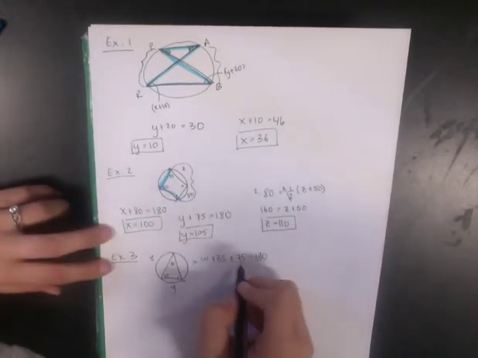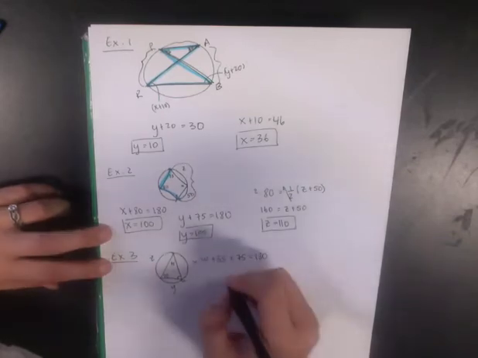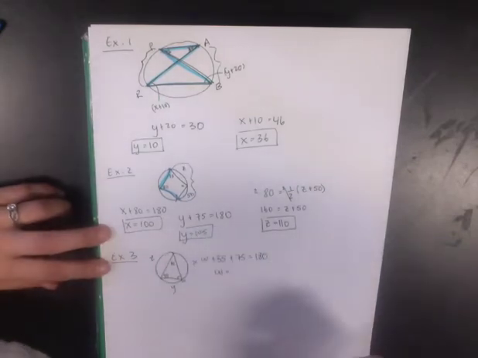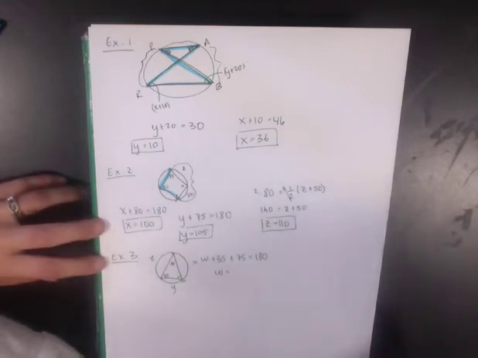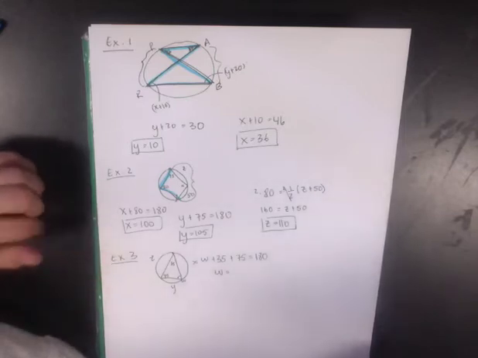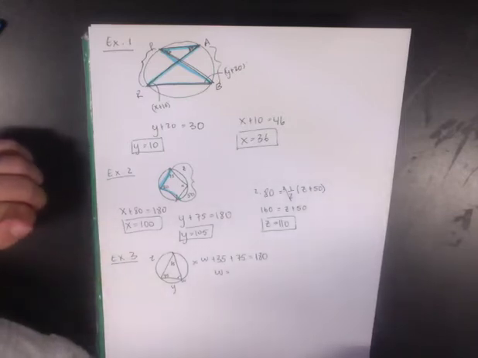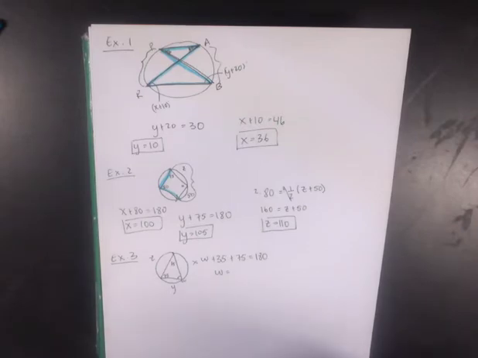Right? If I add up the three angles of my triangle, it equals 180. So that angle is 180 minus 75 minus 35, which gives me something.